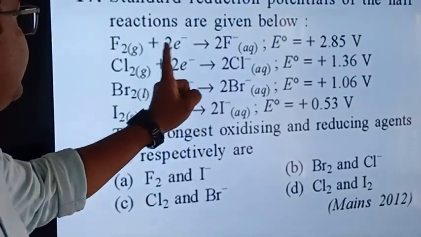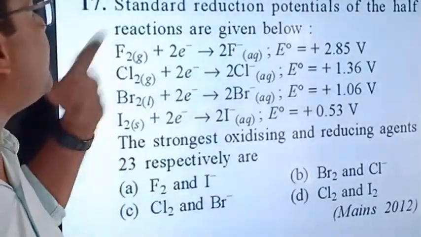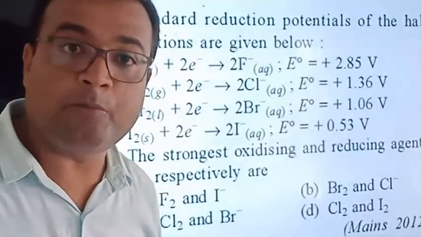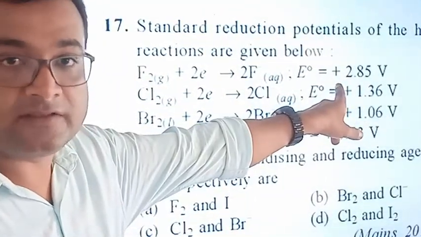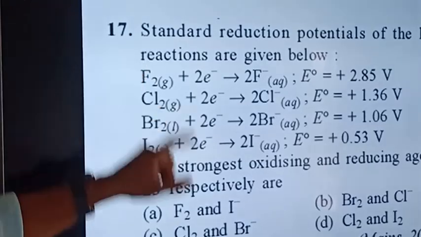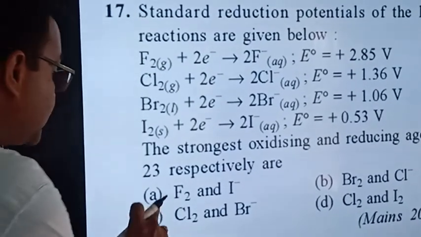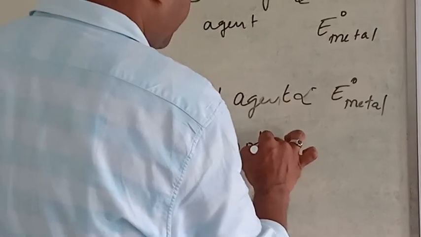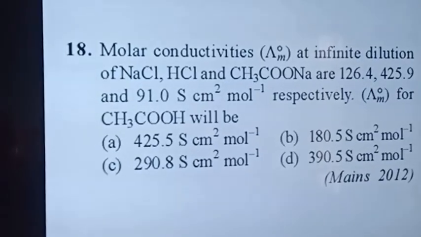It has greater potential to get reduced, but it oxidizes the opponent because of the high value. It easily gets reduced but oxidizes the opponent. Because of this, fluorine F2 is the best and strong oxidizing agent. Accordingly, option A is the correct answer. Further, move on to the next question.